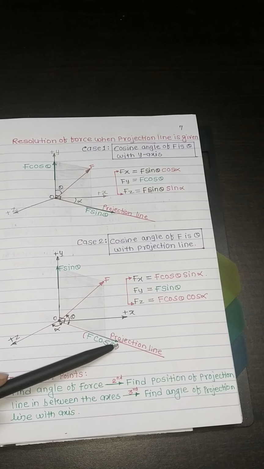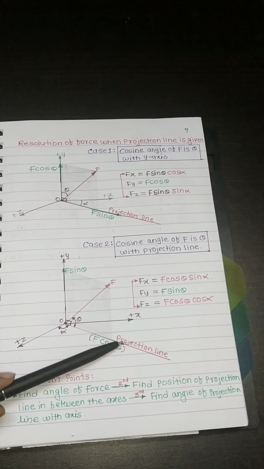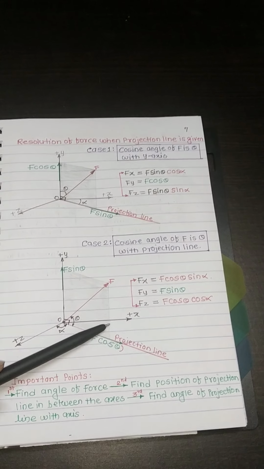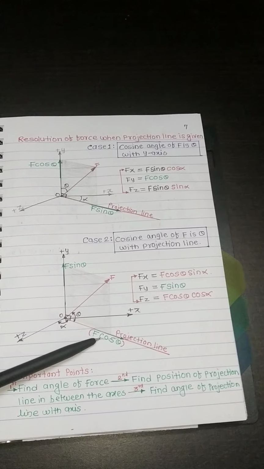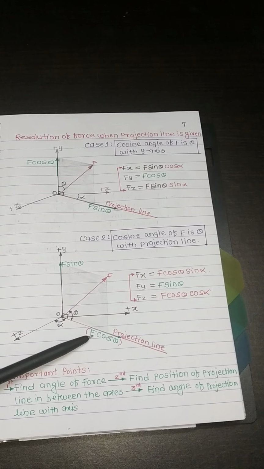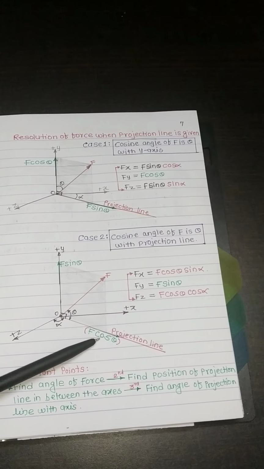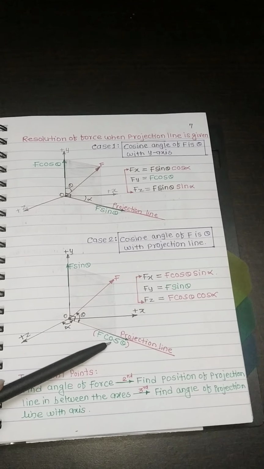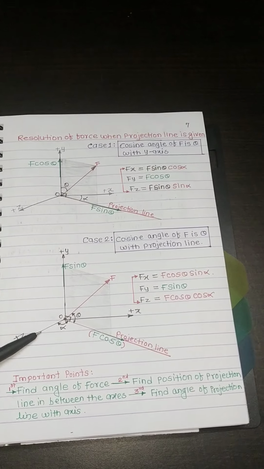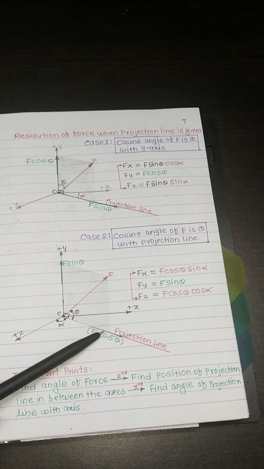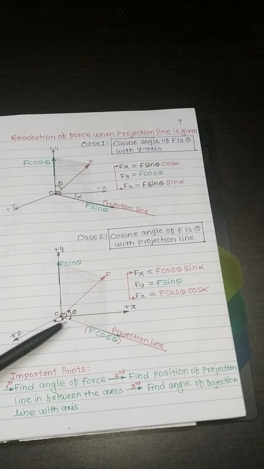Second point you have to observe: the projection line is in the xz plane. Therefore, along the projection line the component F cos theta will be acting as a force. To define this F cos theta in the xz plane, we have to find out the angle of this projection line with x or z.